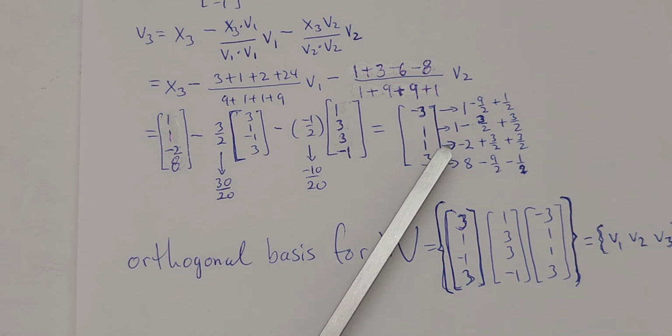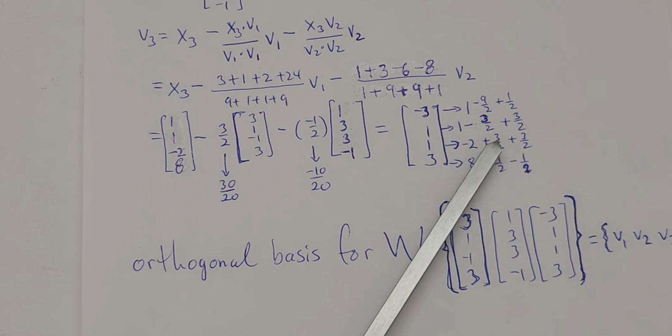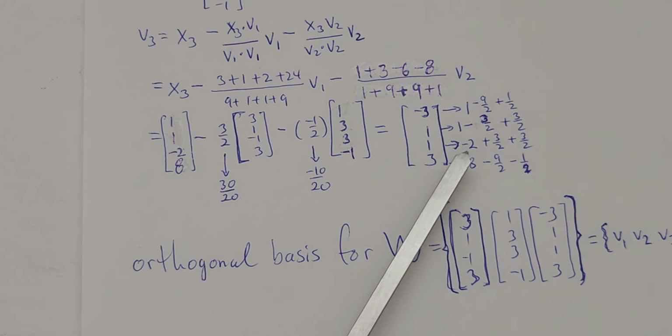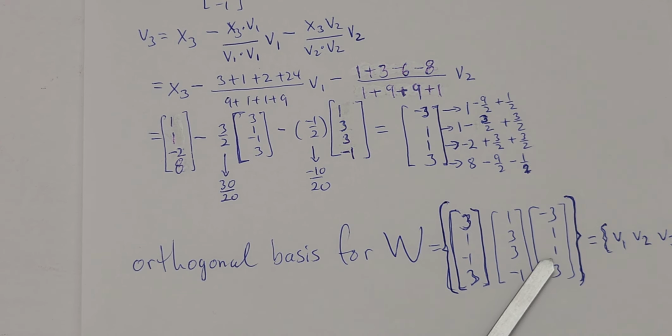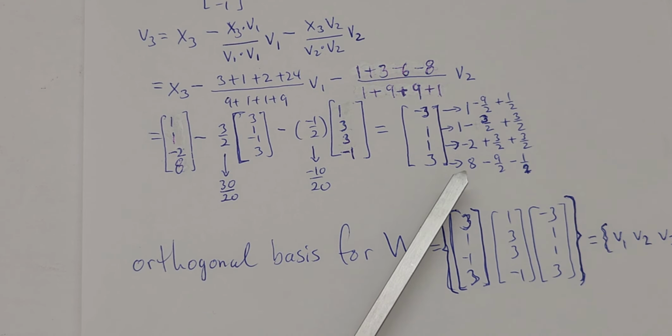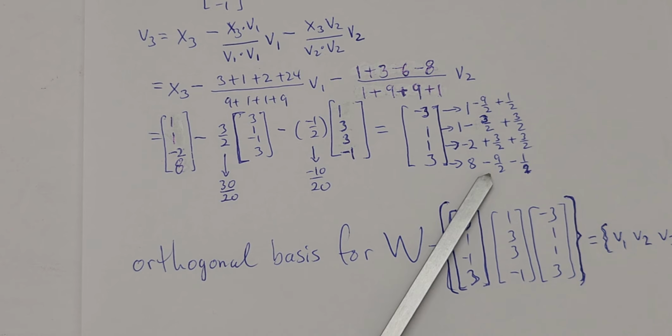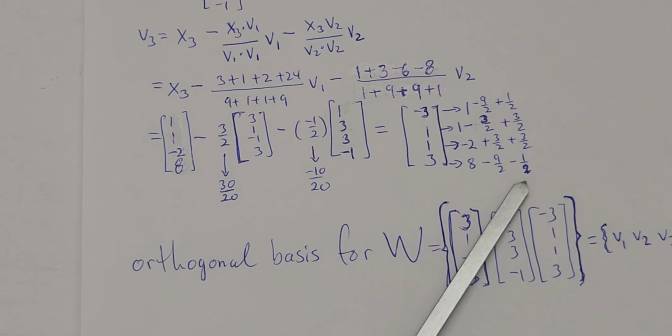Okay, and then negative 2 times 3 over 2. Negative 2 plus 3 over 2 plus 3 over 2 gives me this 1. And then finally, 8 subtract 9 over 2, subtract 1 over 2 will give me this positive 3.